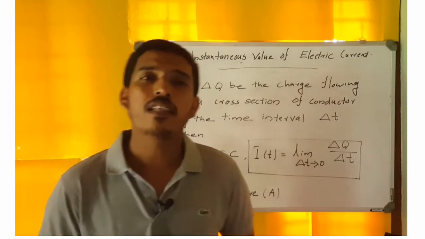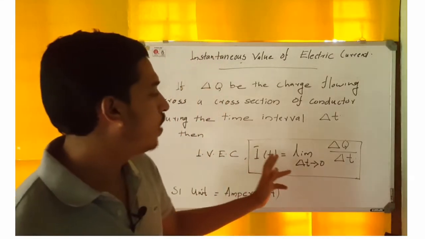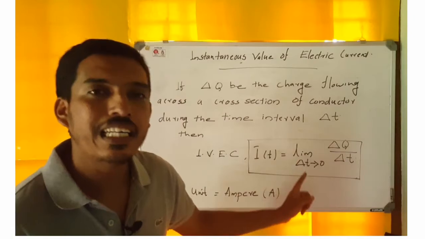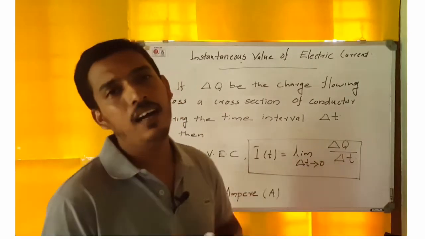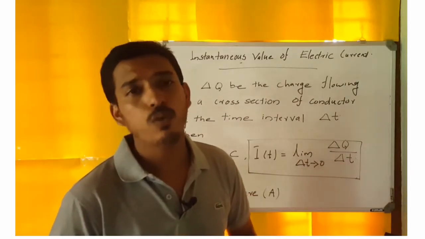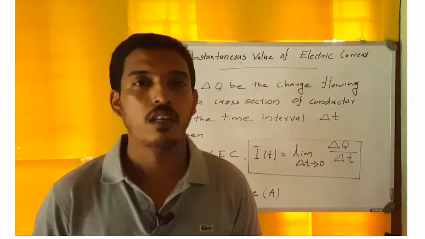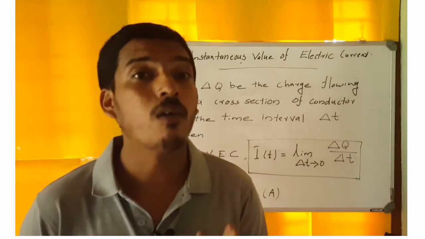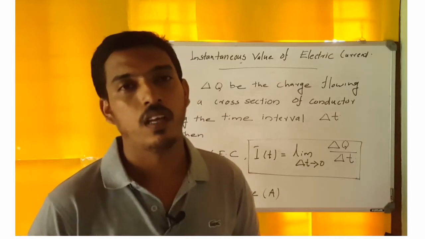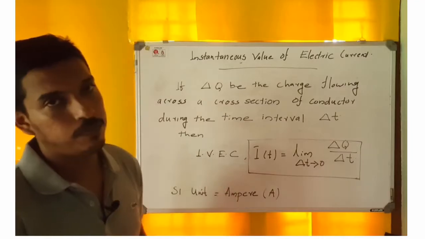Then we can define the instantaneous value of electric current I of t as I of t is equal to the limit as delta t tends to 0 of delta Q by delta t. More generally we use this expression for electric current because in most situations the electric current is not steady. Now the SI unit of electric current is ampere.